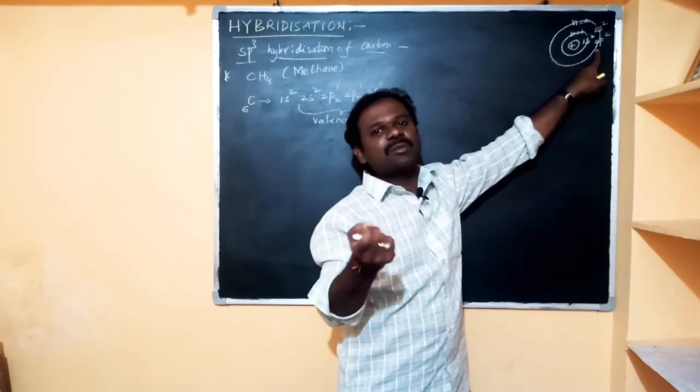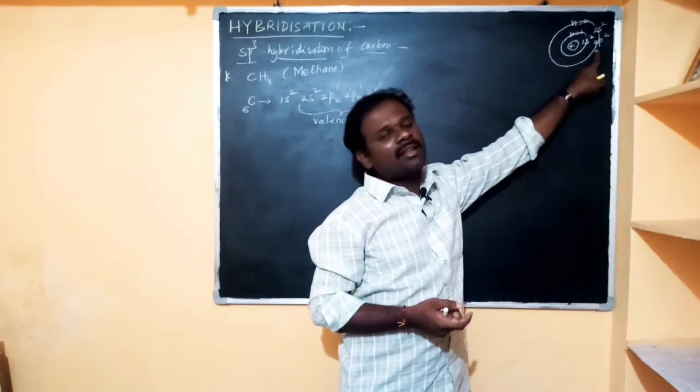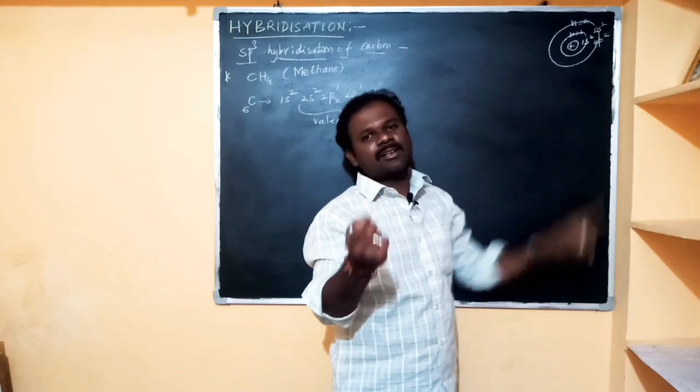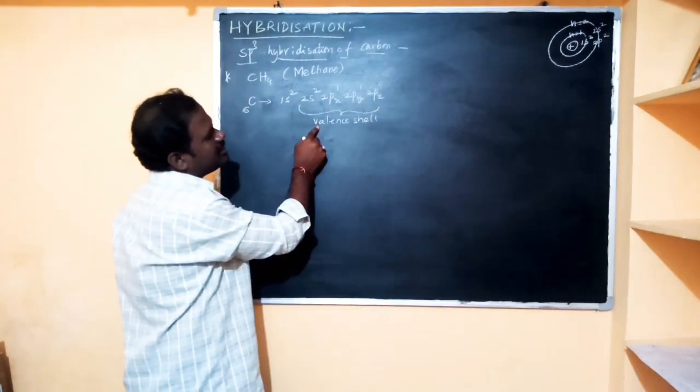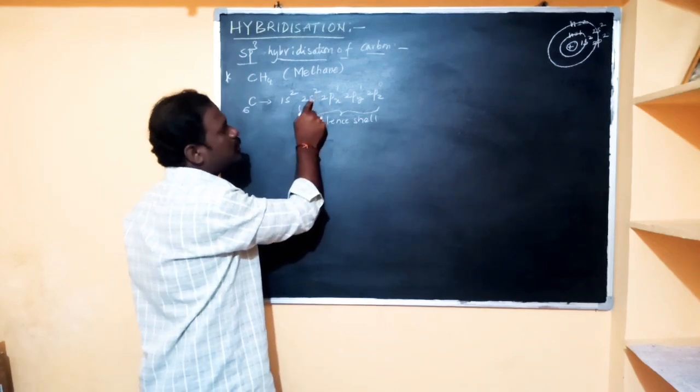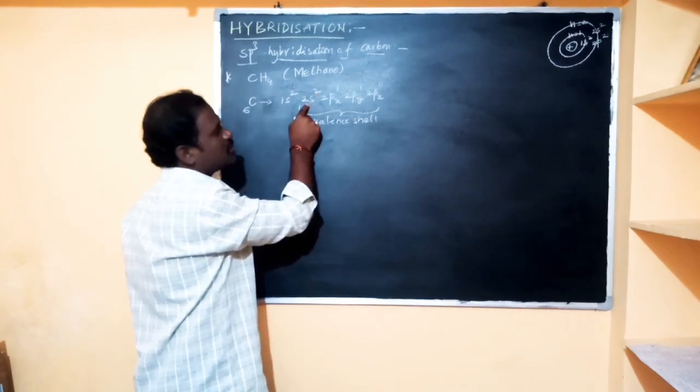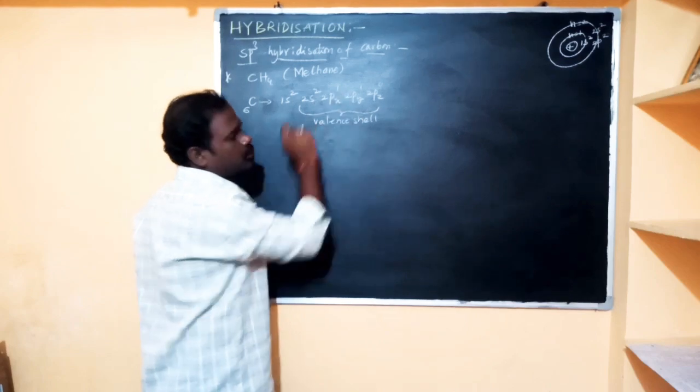The electrons present in the valency shell are called valence electrons. This valency shell contains 2 electrons in the 2s subshell and 2 electrons in the 2p subshell.